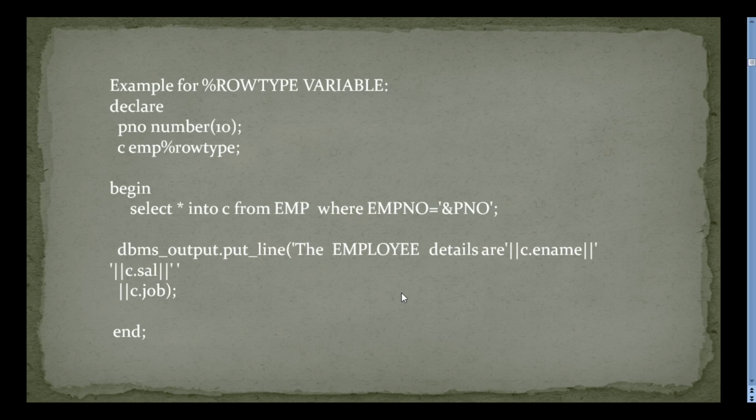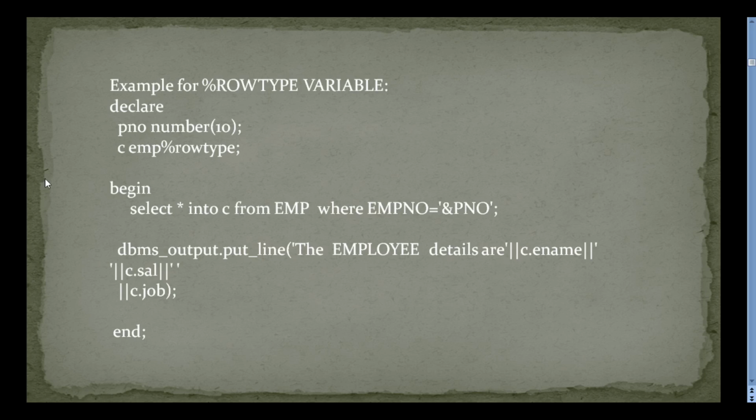Coming to the example for the %ROWTYPE variable. Instead of using the %TYPE variable, for as many columns as you have in the employee table, that many program variables would have to be created in the program. Instead of creating all those variables in the declare section, if you use %ROWTYPE, it indicates the entire row of the table.